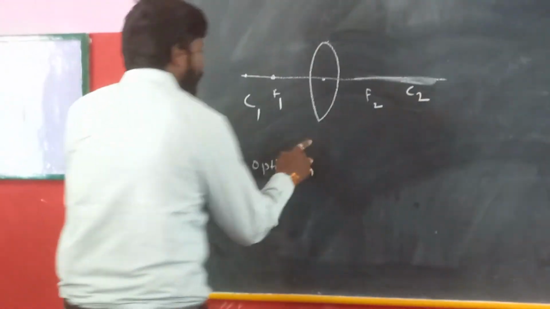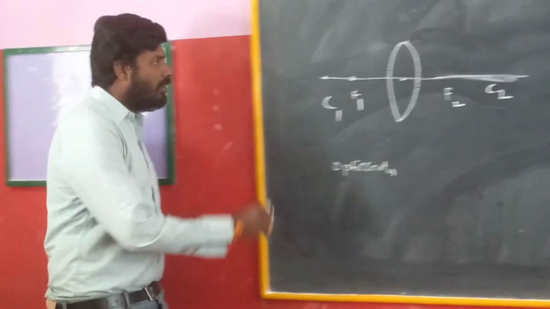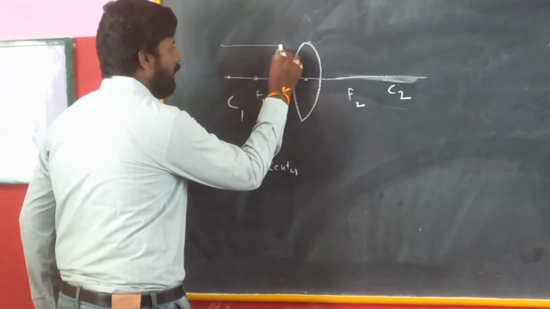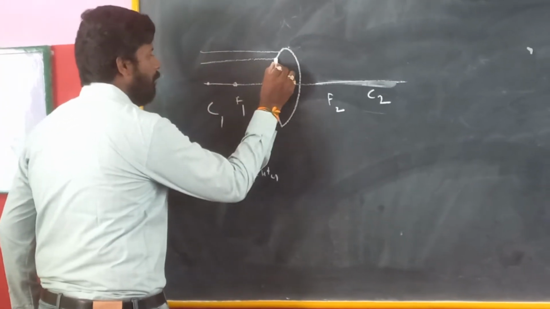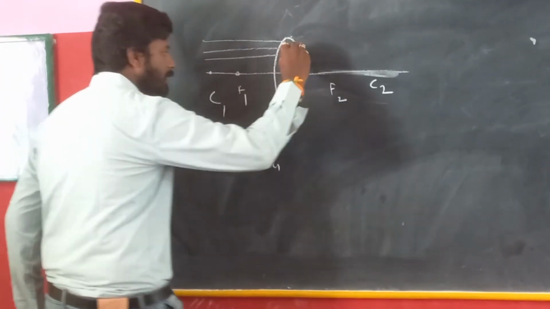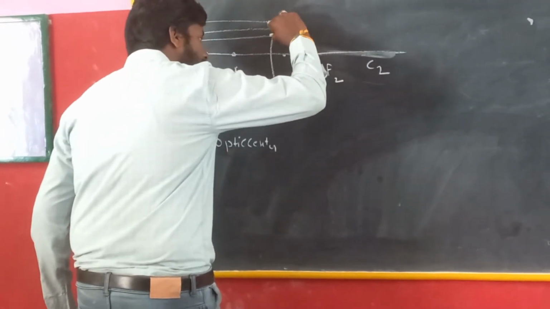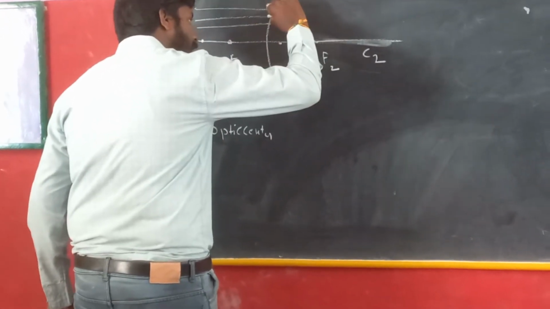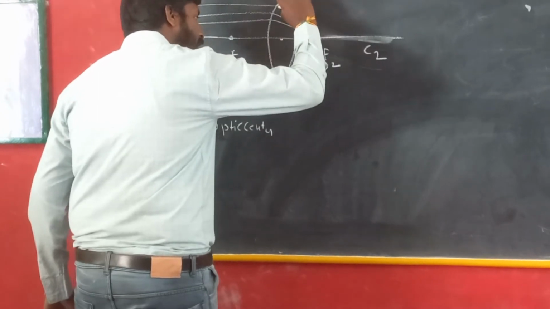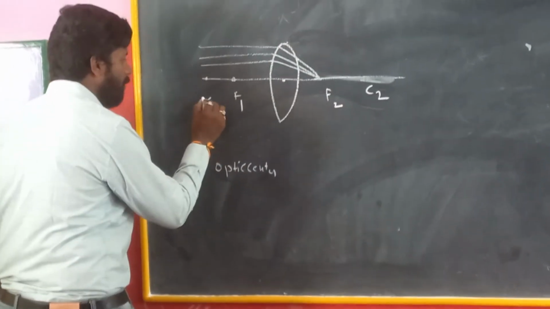And since we are considering a convex lens, if the light rays are traveling parallel to the principal axis, these light rays will be converging at one point.